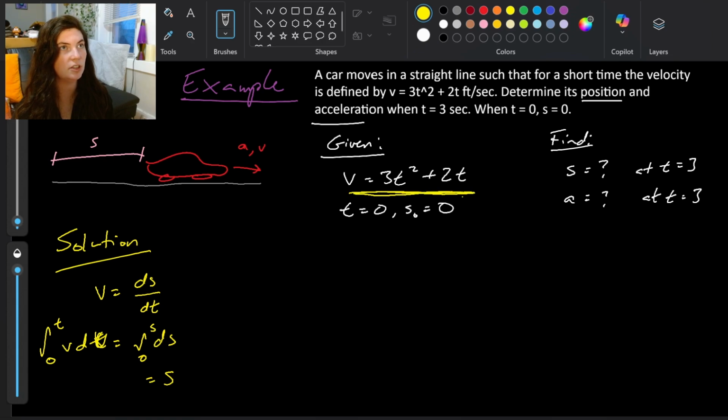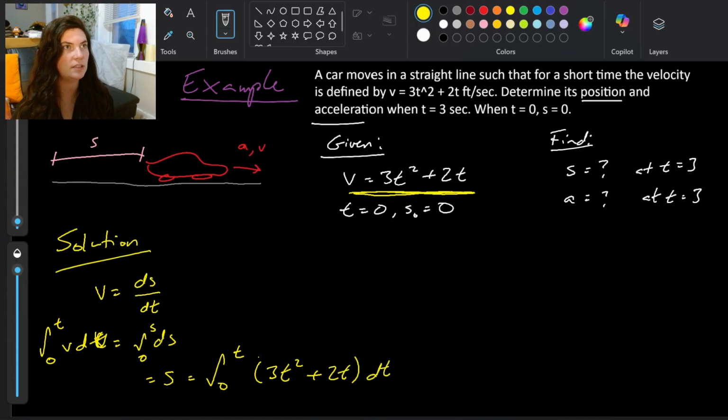We're given this function up here, where v is in terms of t. So this integral is actually going to be from 0 to t of that v function, 3t squared plus 2t dt.